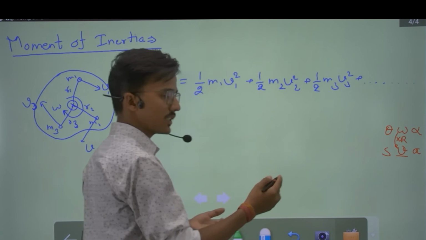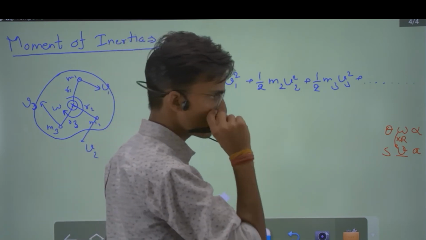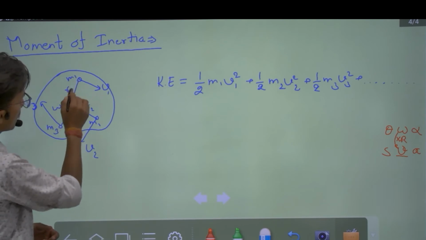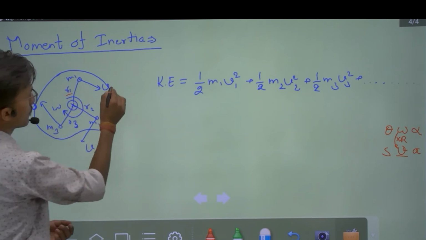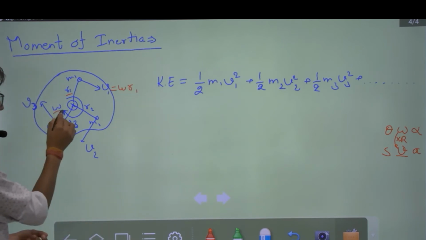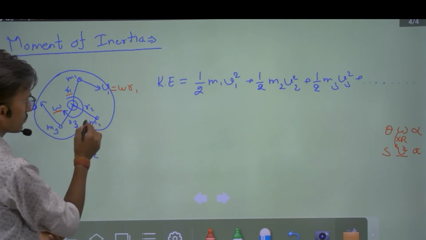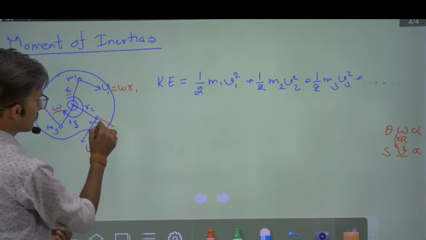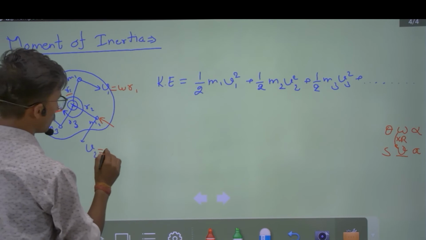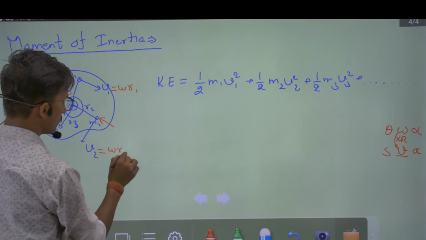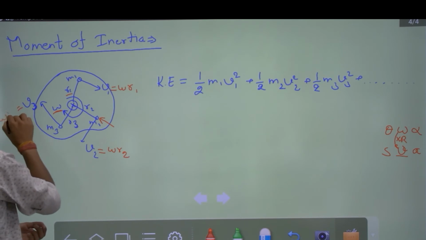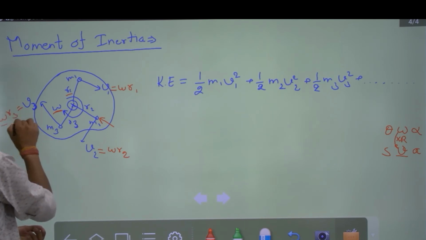The r is the distance at which that particle is moving from the axis. So the distance of m1 from the axis is r1, so v1 will be equal to omega into r1, because omega is given already. Omega is constant for everyone, so v2 will be omega into r2. Same here, v3 will be omega into r3.